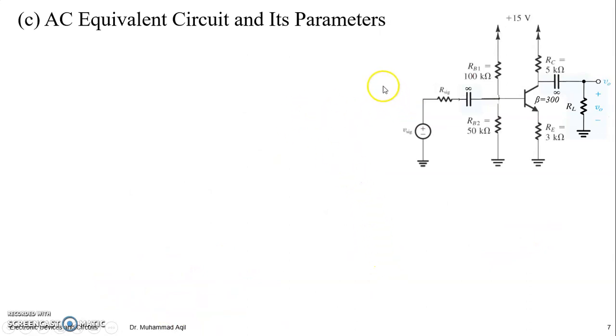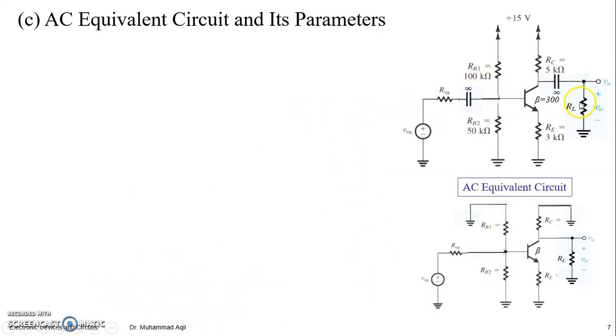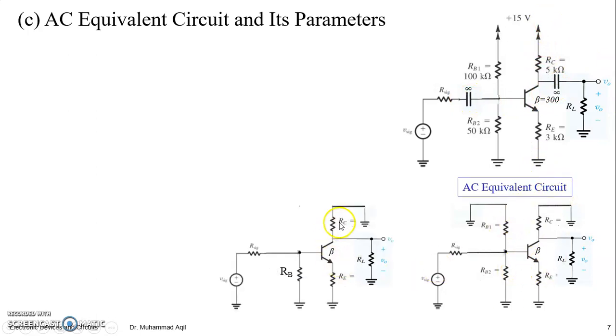And about the AC equivalent circuit and its parameters: shorting all the capacitors and shorting all the DC sources to ground, we had found this one. And by taking a parallel combination of these two resistances, we had found this one.